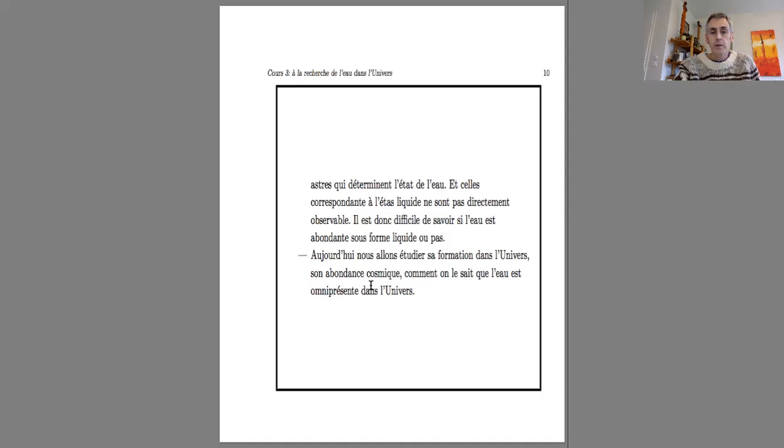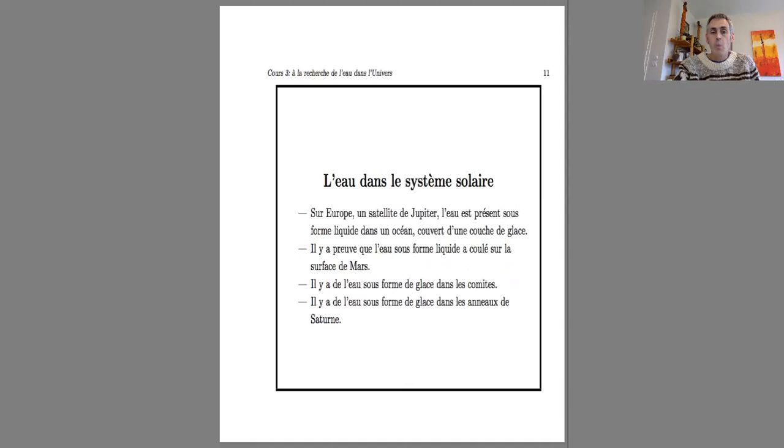So for the rest of this video, I'm going to talk about the formation of water, its abundance in the universe, and how do we know that it's present everywhere in the universe, at least in solid and vapor form.